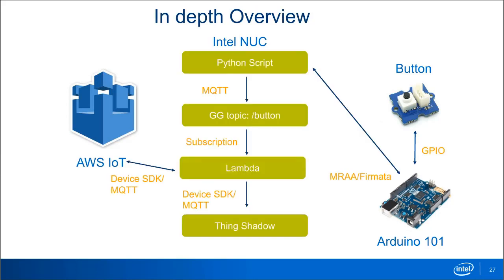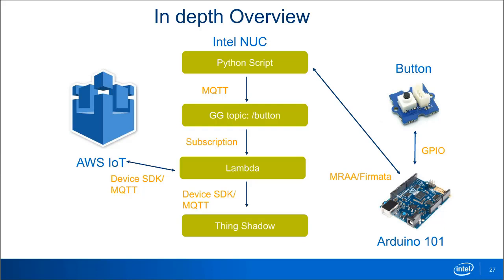So while that sounds pretty simple, there's a little bit more that goes into it. Let's take a closer look here at what protocols we're using and how the data is actually going from point to point. So when that button is pressed, it's going to send a signal to the Arduino using a GPIO. It basically sets a pin to low when it's pressed.